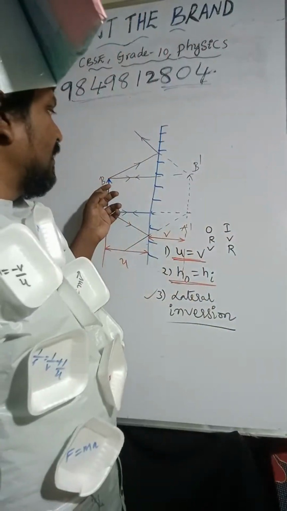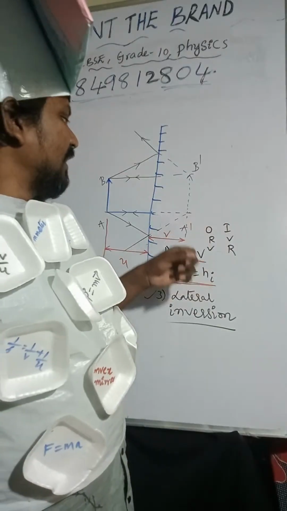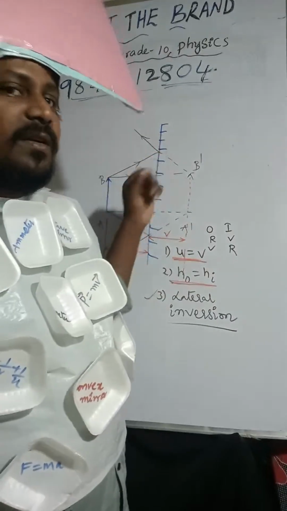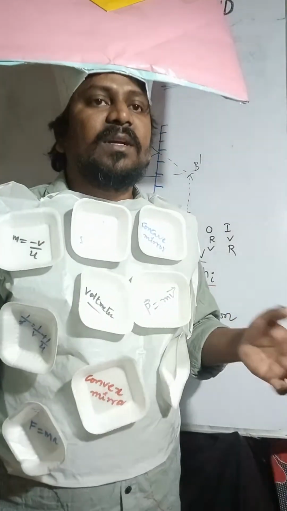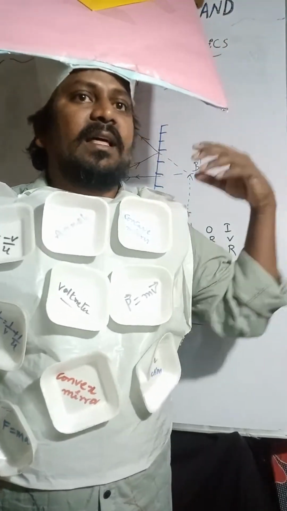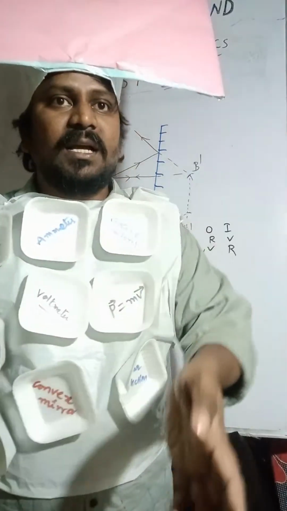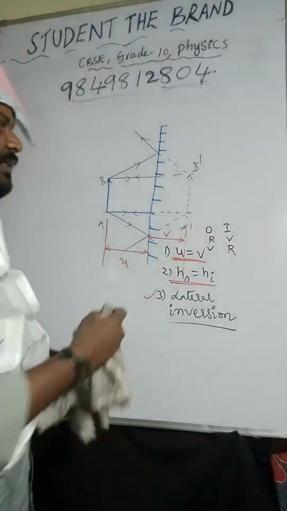Once again, check here. The object is real, the image is virtual. The object is virtual, the image is real. Object distance is equal to image distance. Height of the object is equal to height of the image, and it also shows lateral inversion, where the right side of the object appears as the left side of the image and the left side of the object appears as the right side of the image. Okay, next we'll discuss.